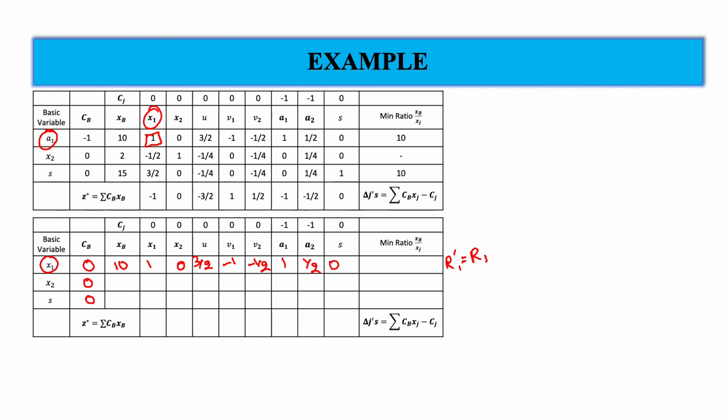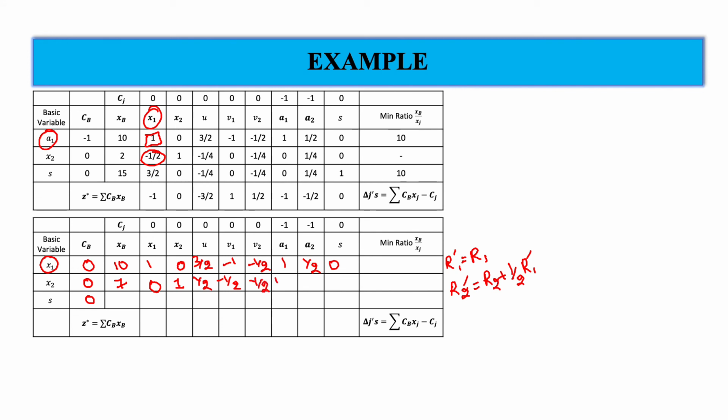Similarly, for the other rows we have to make the pivot column element 0. To make it 0, we form the new row, which is old row plus half r1, new r1. So the new elements will be 7, 0, 1, half, minus half. You can calculate all the elements by this operation.